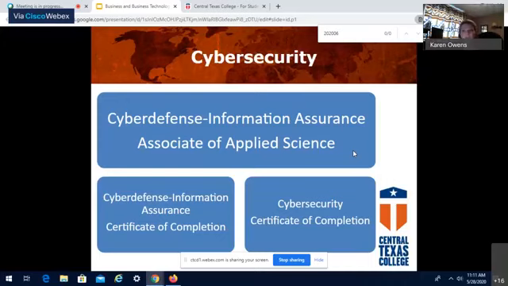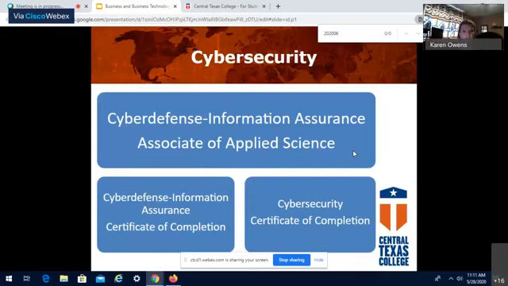Okay. These stackable certificates that you see fold again into each one of these degrees. For the Cyber Defense Information Assurance certificate, all 22 credit hours are folded into that degree plan.